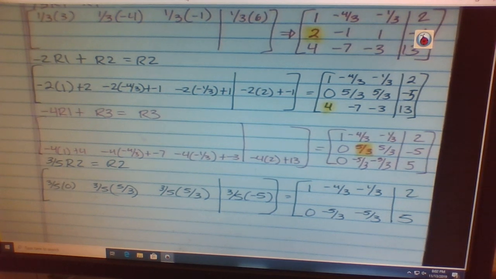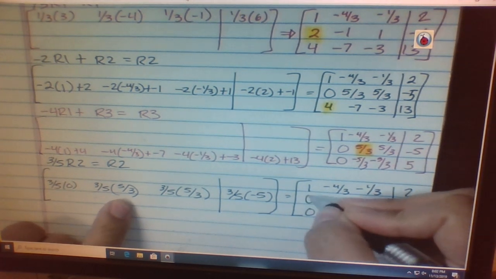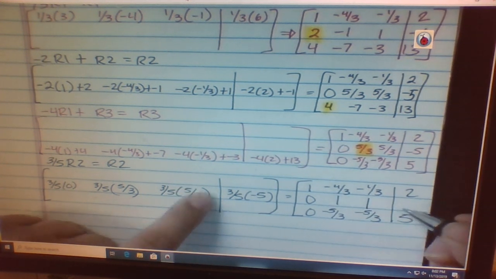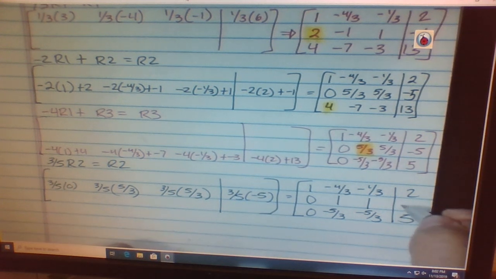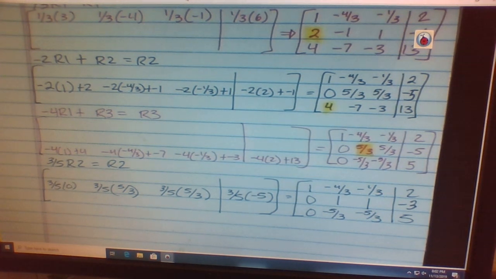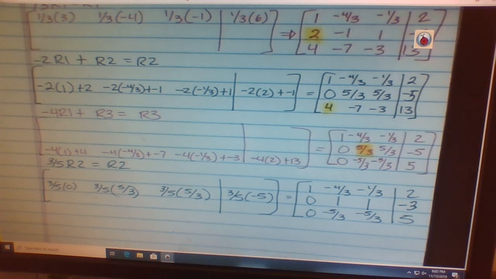So 3/5 times 0 is 0. 3/5 times 5/3 is 1. And 3/5 times -5 is negative.